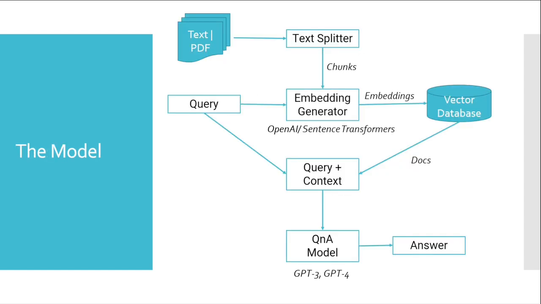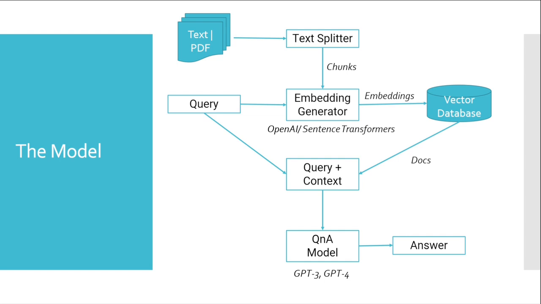Now the model that we will use: we will have a text document. This is how our app will work. The text document will be given to a text splitter, which will divide the large text document into chunks, which will then be given to the embedding generator, and the embedding generator will create a vector database. A vector database is a numerical representation of the text.